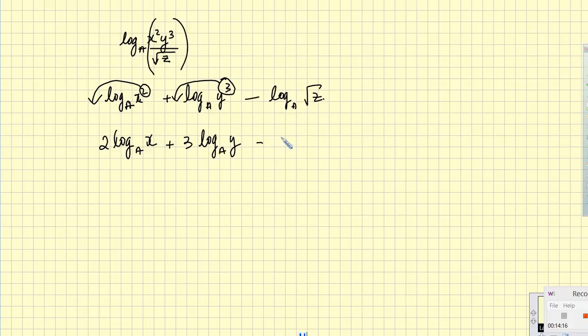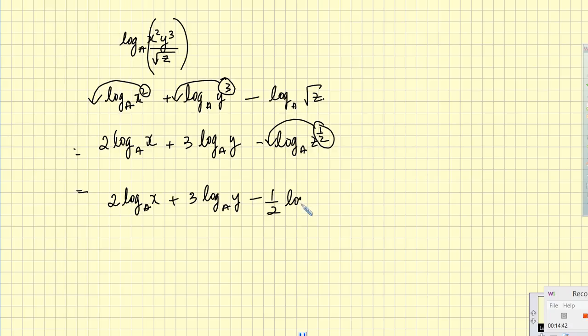And now the minus log base a of the square root of z, well, root z is like saying z to the 1/2, as I was saying before. So that's an exponent that is going to be brought down as well, so that my final answer in the simplification process of this logarithm would be 2 log base a of x plus 3 log base a of y minus 1/2 log base a of z.